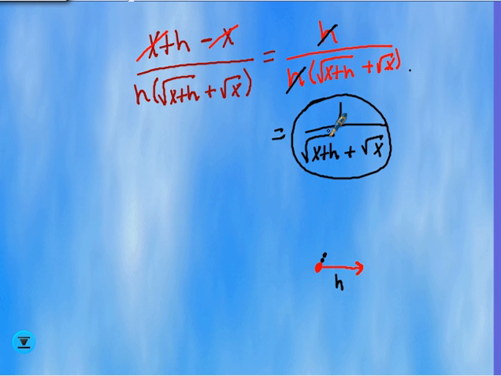But anytime you want to turn an average rate of change into an instantaneous rate of change, take the h out. Now you can do it. You'll see that you changed it around just a little bit. Now you can just plug in 0 for h. No problem. So you have 1 over the square root of x plus 0, plus the square root of x, which is actually 1 over 2 root x.